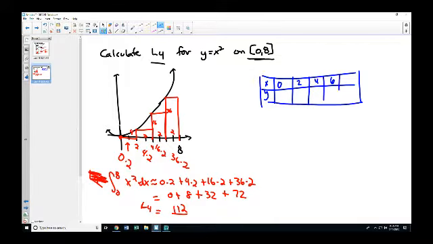I like tables the best because they make it really easy. Six squared is 36. Yeah, it is, isn't it? Thank you. Nice job.